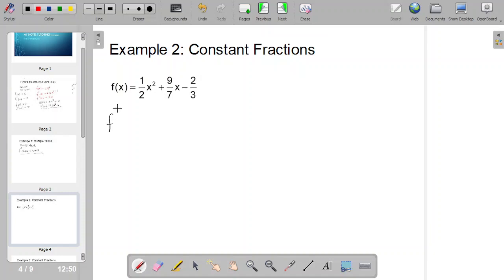Well, you say f prime of x equals, you must deal with each term each time. So you have 1/2 multiplied by 2. So this is half times 2, that will give you 1.